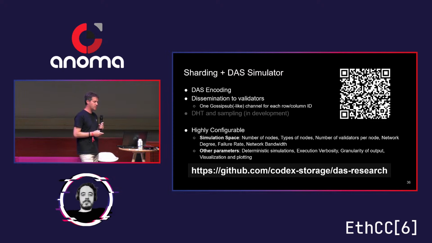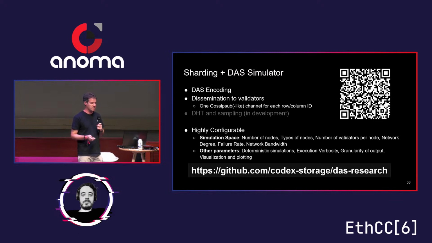It's highly configurable, so you can define simulations and study things like, what if I had many more nodes? What if I had fewer nodes? What if I have strong nodes, institutional stakers? What if I have home stakers? How many validators are they running? How am I configuring my gossip sub? What is the degree of neighborhood? What if there are failures?